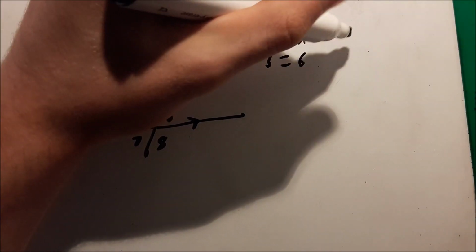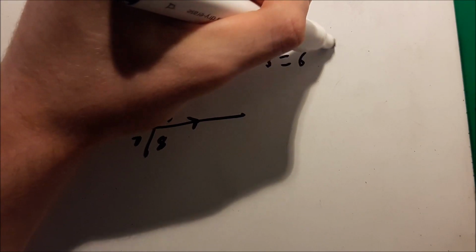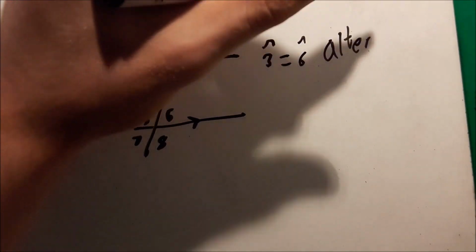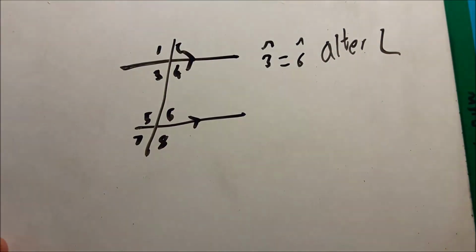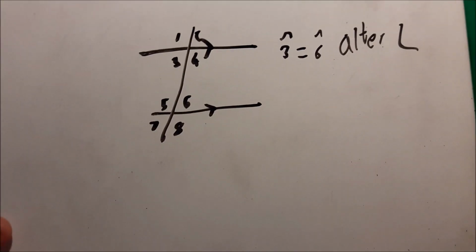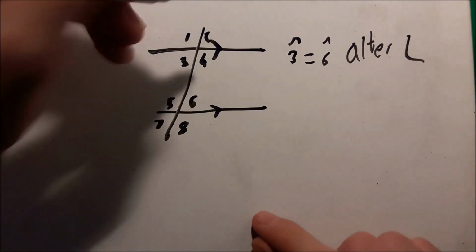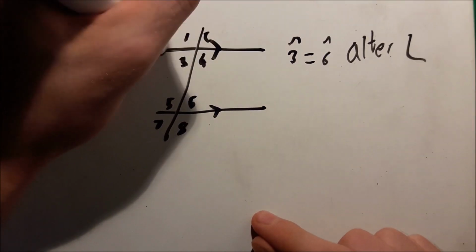And the reason is that they are alternating angles. Those are alternating angles, and you can see that it forms a Z shape.